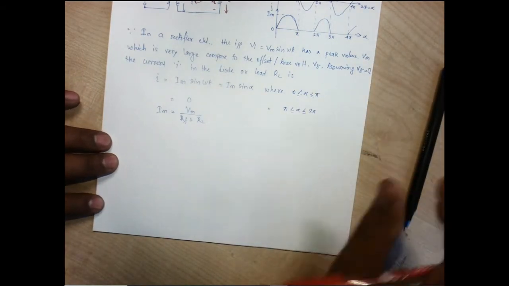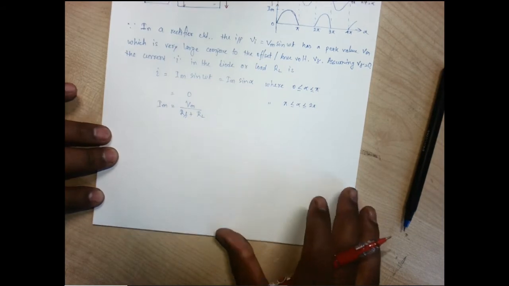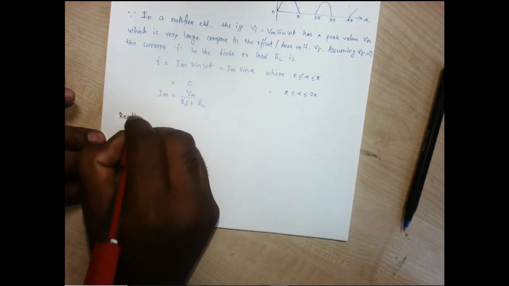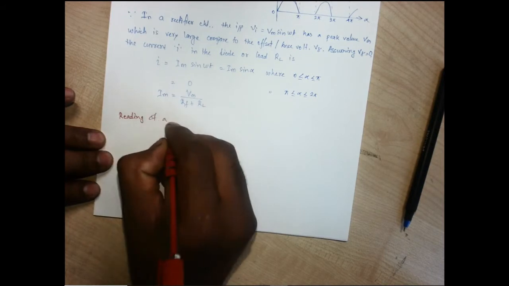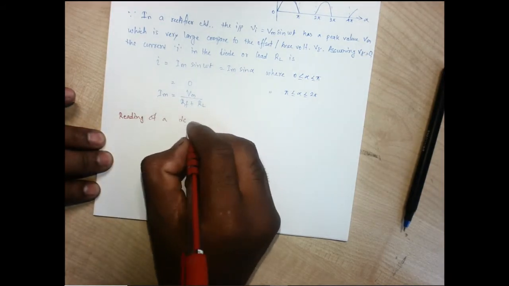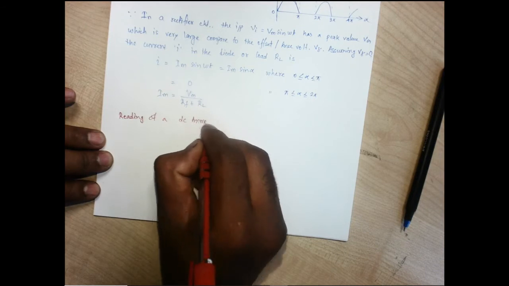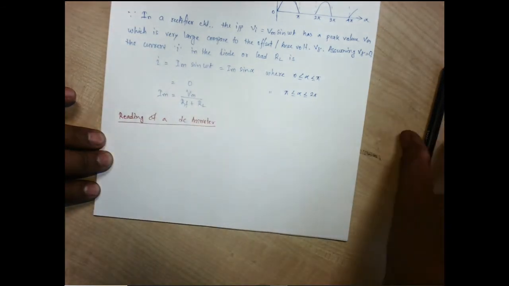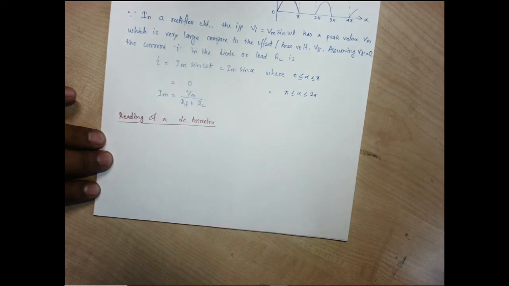Meter reading means different components of the current and voltage. So let us find out the reading of a DC ammeter, which means simply the DC current. What is the function of this DC ammeter?